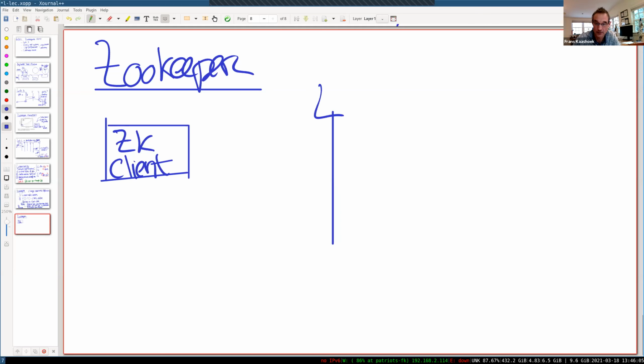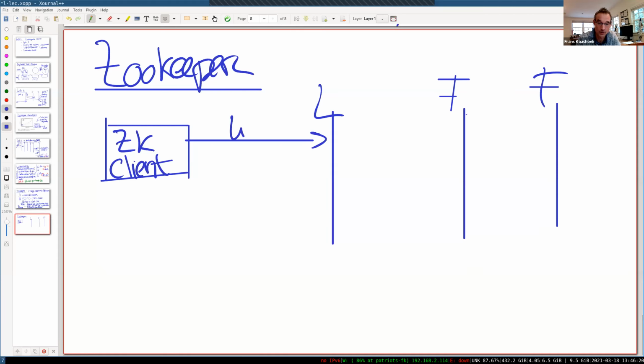So we have a leader in ZooKeeper, as we'll see, and we have followers. This is all similar to what we are used to from Lab 2. The ZooKeeper client issues a write to the leader, because the writes are going to be linearizable. In fact, the writes follow roughly the same strategy as in the Raft library. There's going to be a log, and in the log all the writes are entered. Let's say the leader appends this write at this particular index.